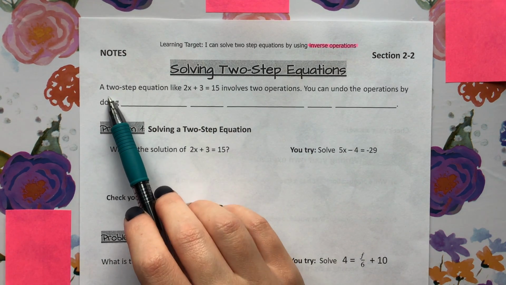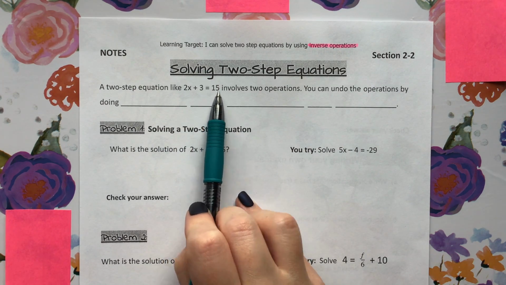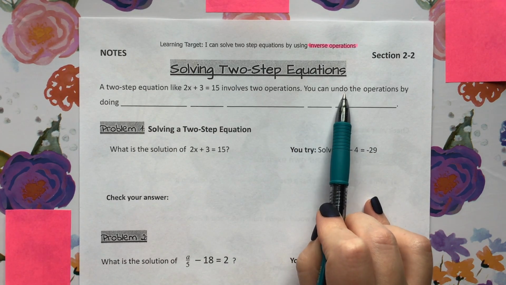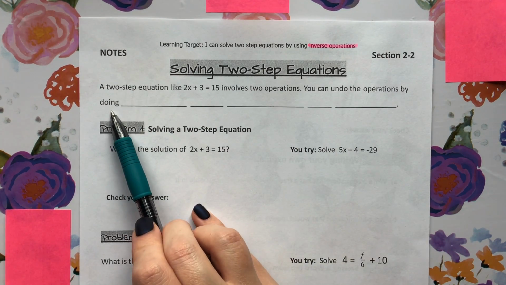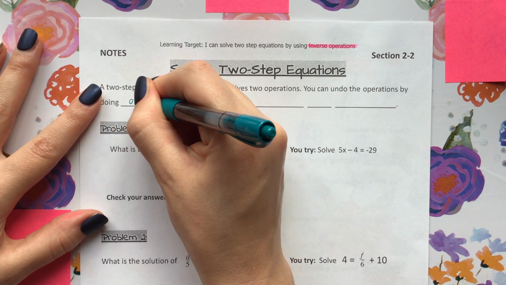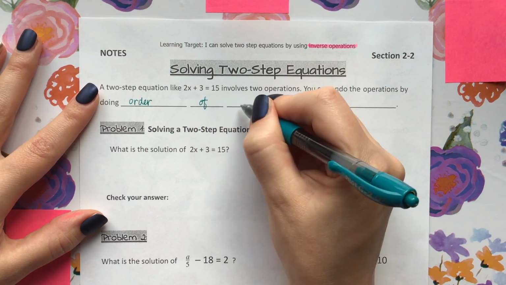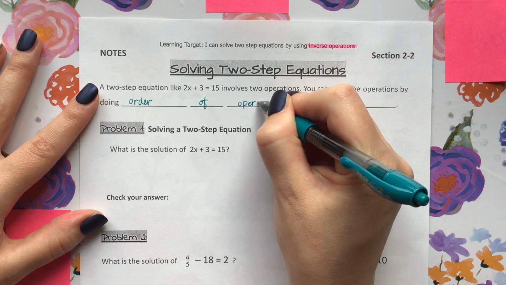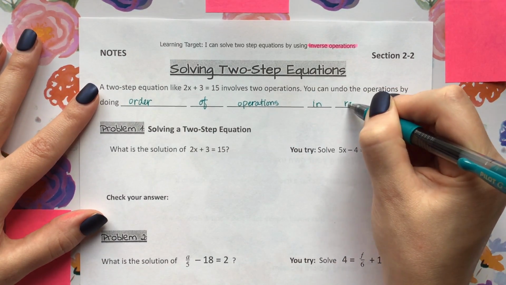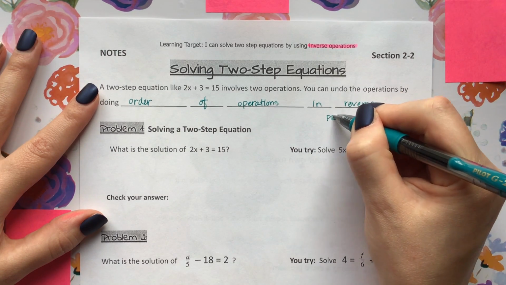A two-step equation like 2x plus 3 equals 15, that's just an example, involves two operations. You can undo the operations by doing order of operations in reverse. So I'm going to write out PEMDAS.